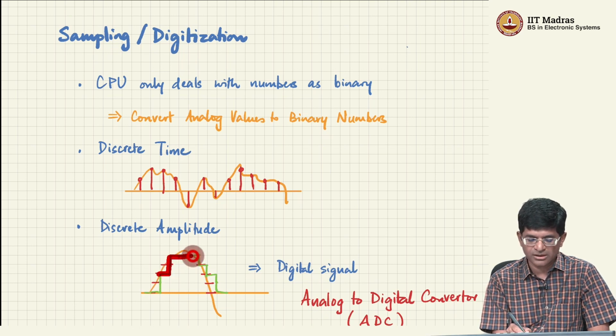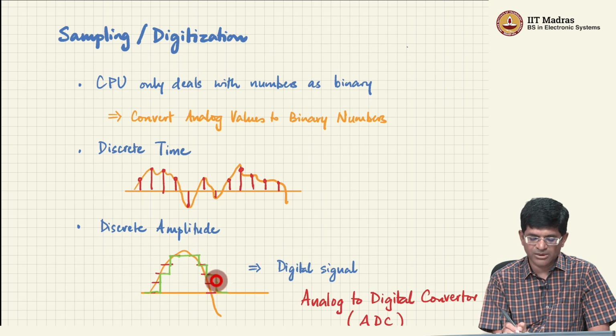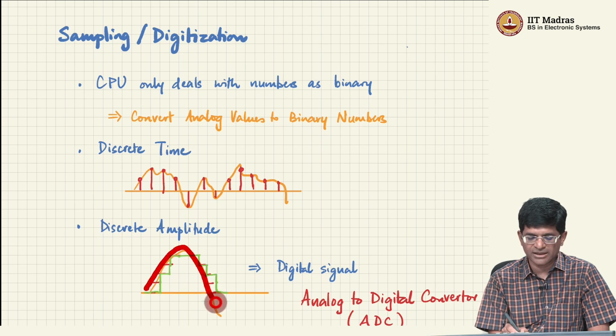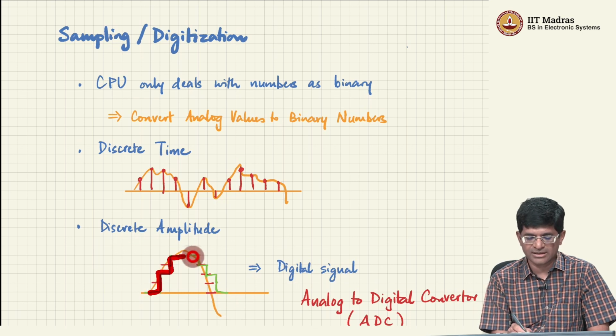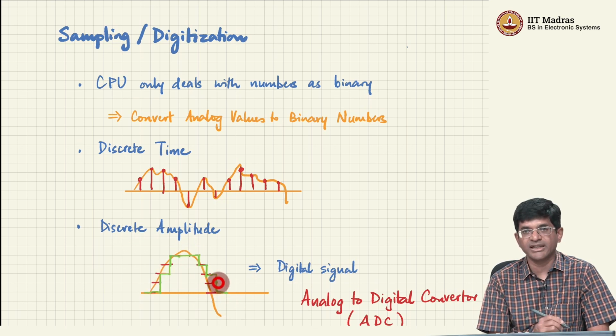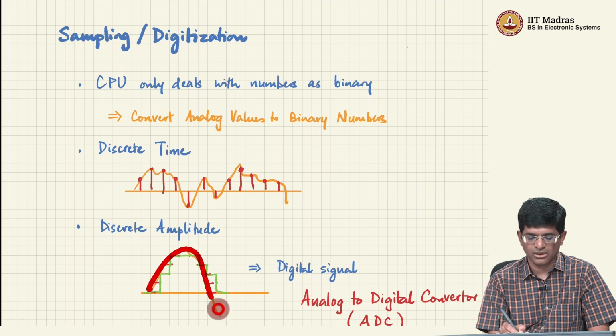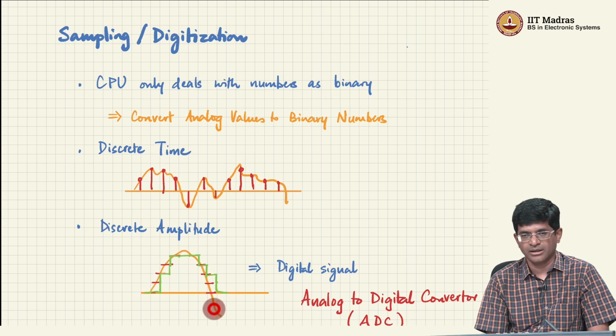It then goes here. As you can see from this, it is sort of approximating the shape of the original curve, but clearly there is a difference between what the green is showing versus what the original orange curve looked like, right? That's something we live with. We basically say that I wanted to discretize in time, I wanted to discretize in amplitude.